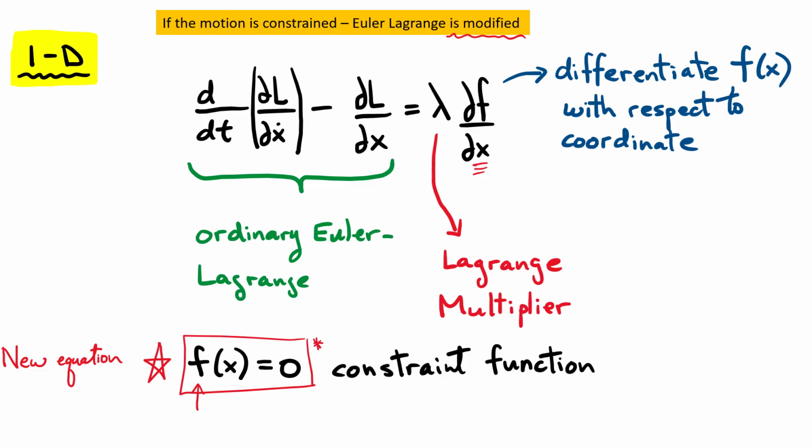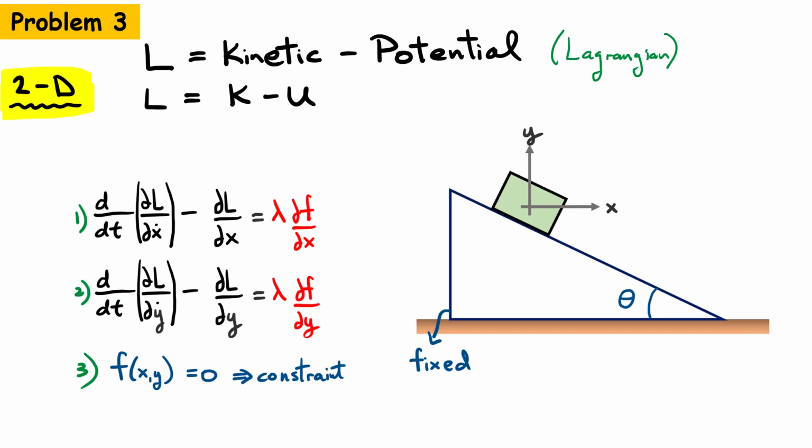All right, so all of this is for the one-dimensional case. Well, our case is actually two dimensions. So how would this formalism be applied to a 2D problem? Well, it looks like this. For example, we're going to have a kinetic energy. The block slides down like this, right? So our kinetic energy again depends on velocity. But if I use a standard coordinate system like this, I'm going to have a velocity that has an x component and a y component.